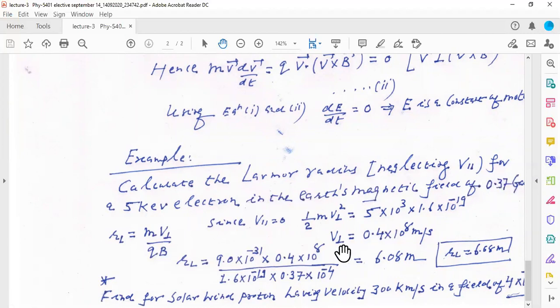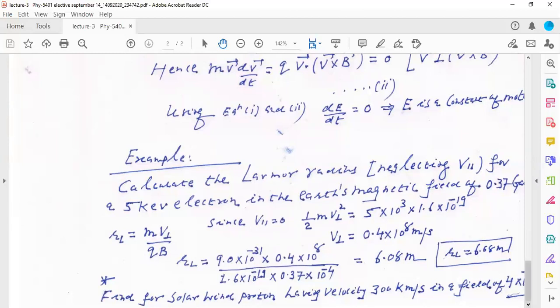But when we are calculating in MKS, 1 Tesla is 10 raised to 4 Gauss. Please remember this. So I convert into Tesla: it is 0.37 into 10 raised to minus 4 Tesla, and you can calculate this. When you calculate this expression, you will get the answer around 6.08 meter for the Larmor radius of an electron whose energy is 5 keV.